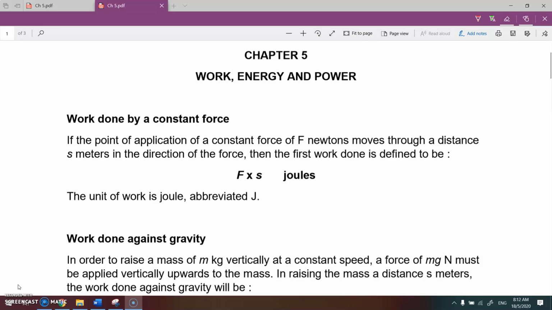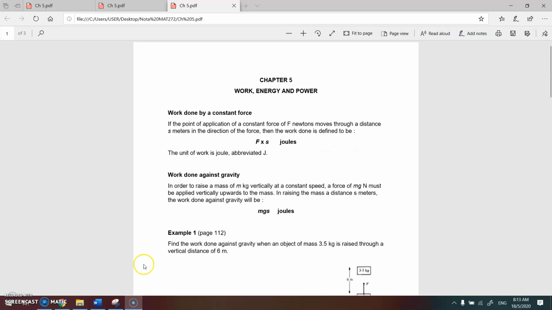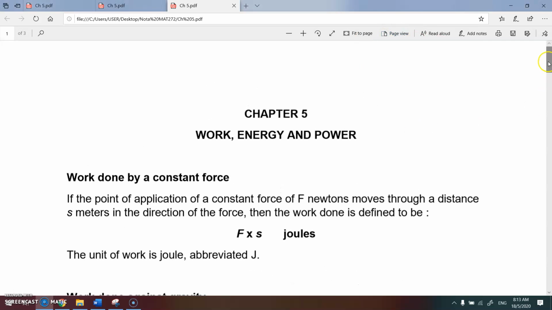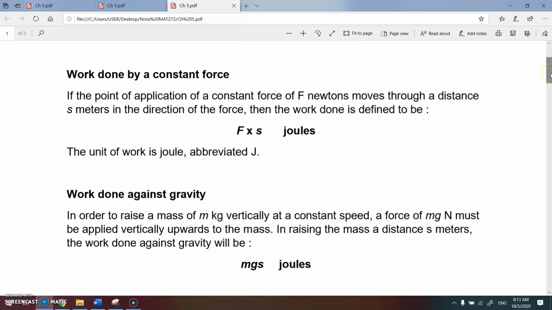If the point of application of a constant force of F newtons moves through a distance of S meters in the direction of the force, then the work done is defined to be F times S joules.